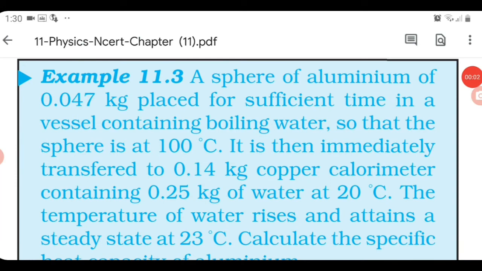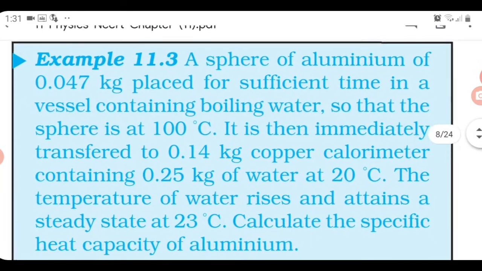Now we have a problem. Example 11.3. A sphere of aluminium of 0.047 kilogram is placed for sufficient time in a vessel containing boiling water so that the sphere is at 100 degrees Celsius.